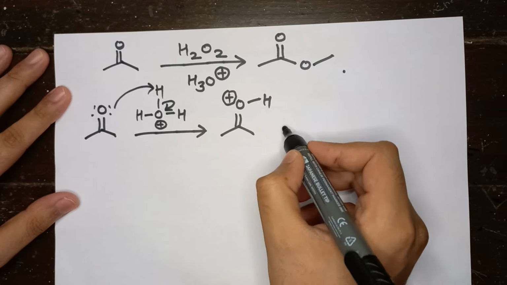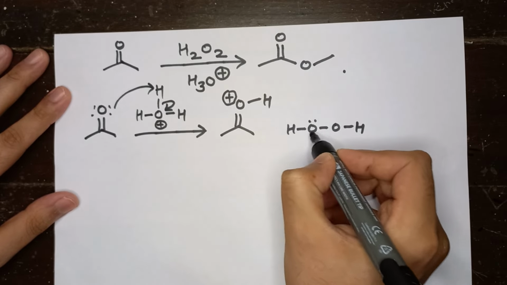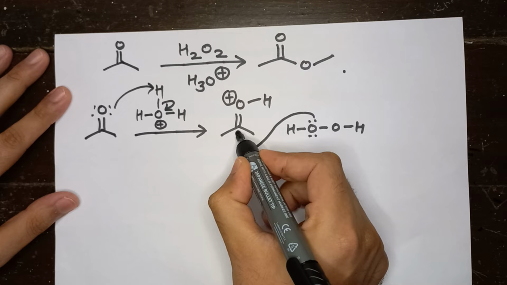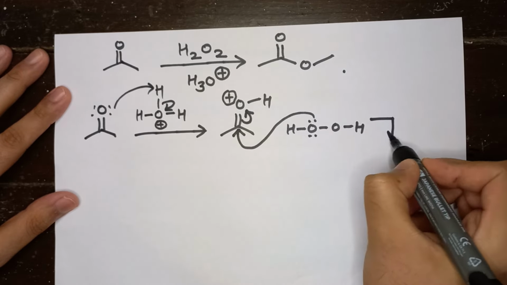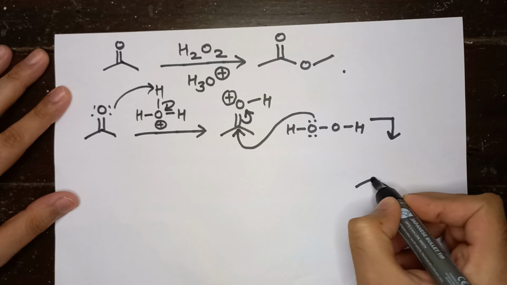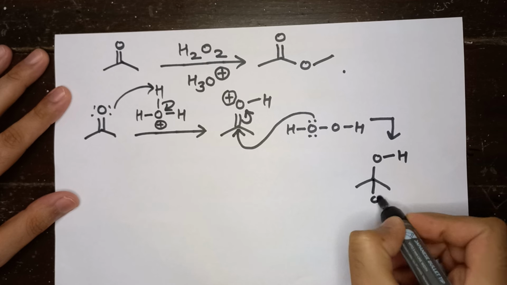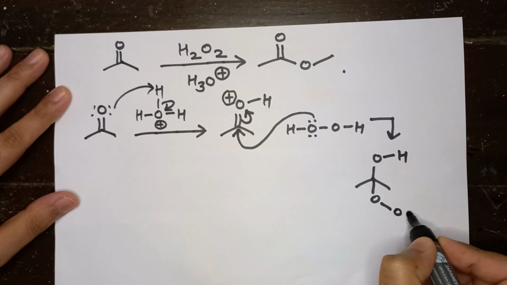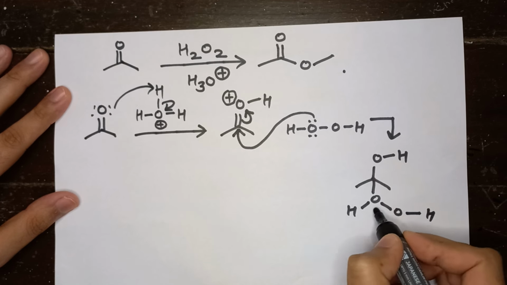Now we have H2O2. One of the oxygens will attack at this carbonyl system, will neutralize oxygen, and this will give me OH here, O bonded with O and another H, and this oxygen also contains one hydrogen. Overall three bonds, so we'll get a positive charge.